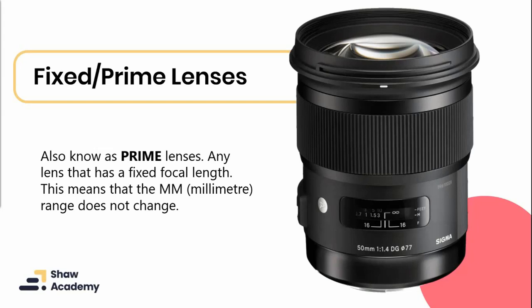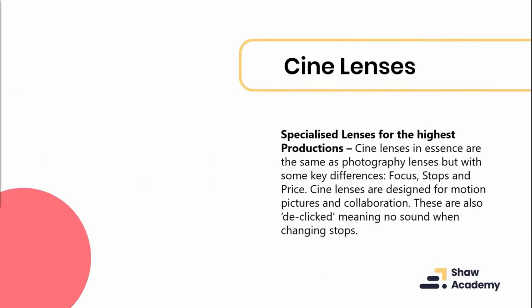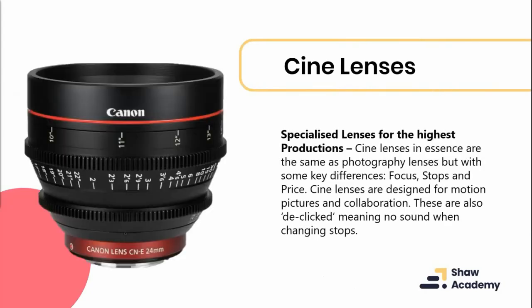Now, the third type of lens when it comes to video are cine lenses. Cine lenses are very specialized lenses when it comes to movies in particular. These are the top of the top lenses when it comes to any type of lens construction, and there are a couple of different reasons for that.